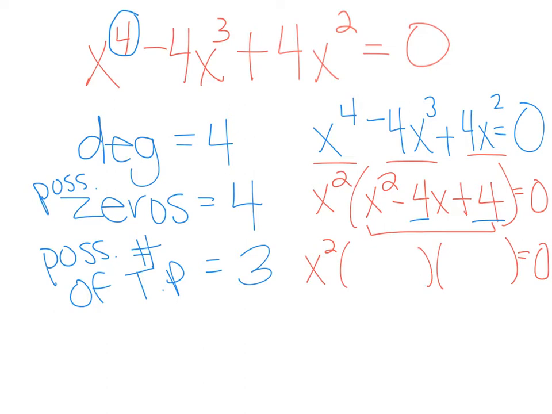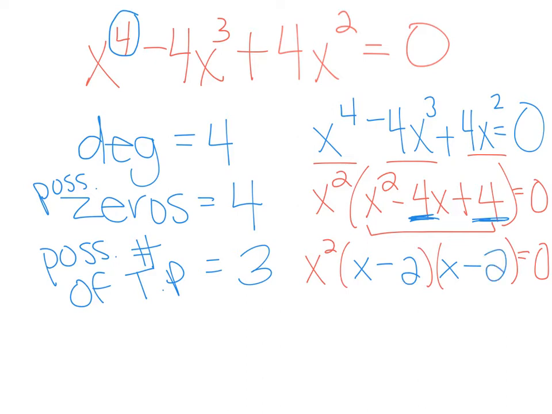So I can start out by separating the x squared as x and x, and when I multiply to be a positive number, but add to be a negative sum, I need minus in both of my factors here. So two negatives multiply to be a positive, but two negatives are going to add to give me a negative, and those two numbers are negative 2 and negative 2.